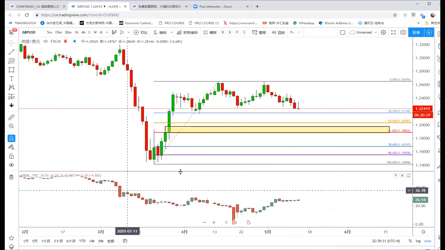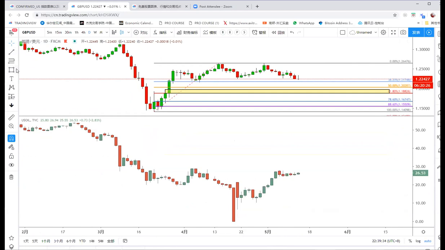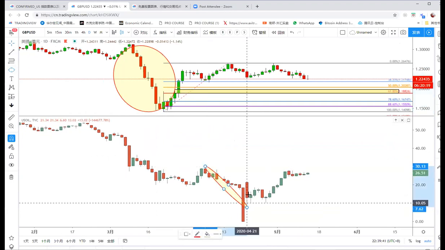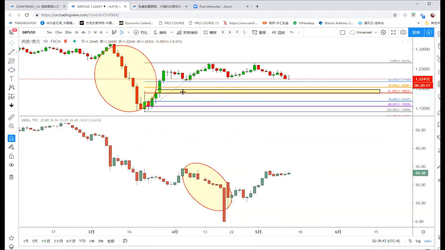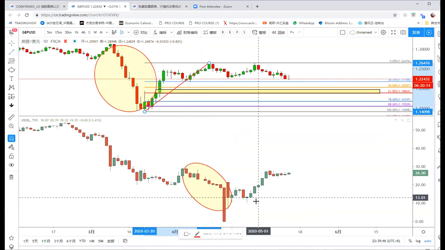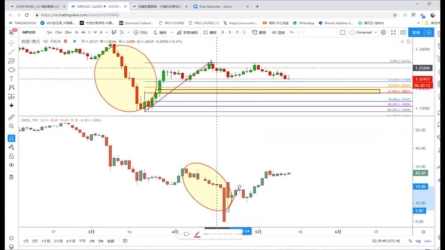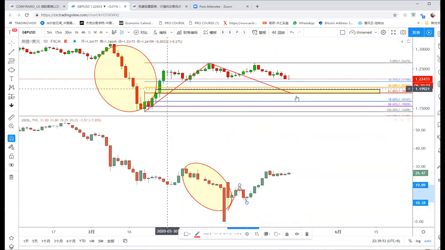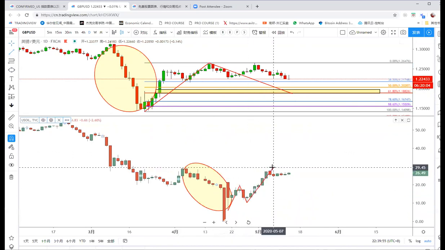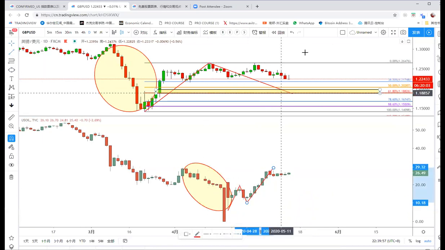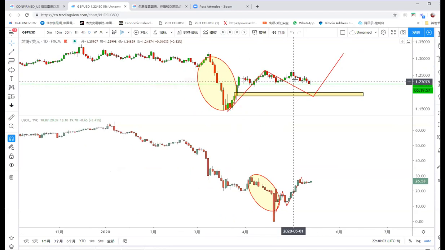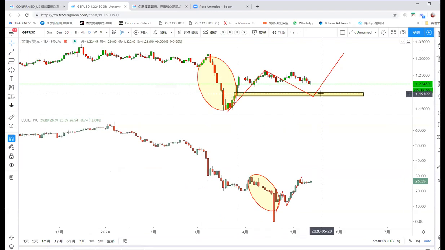You can imagine this downside wave is the same as this one, and this rally becomes this rally, and we are going to wait for a second drop to buy, and you may get this. Understand?